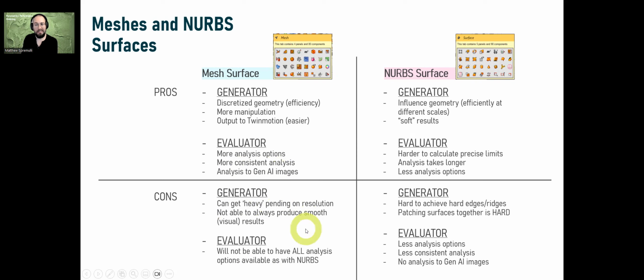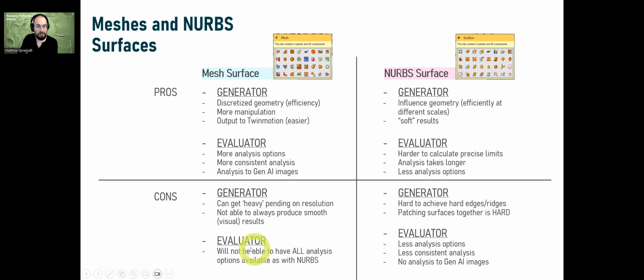The cons, and I'm going to be straight up: when you start to get very heavy meshes or higher resolution meshes, it can be a little heavy. So you might want to reduce the resolution for generators, but maybe increase the resolution for things like final designs. And as you saw in my example, it's not always able to produce smooth visual results, although you could add a smoothing operation onto it afterwards.